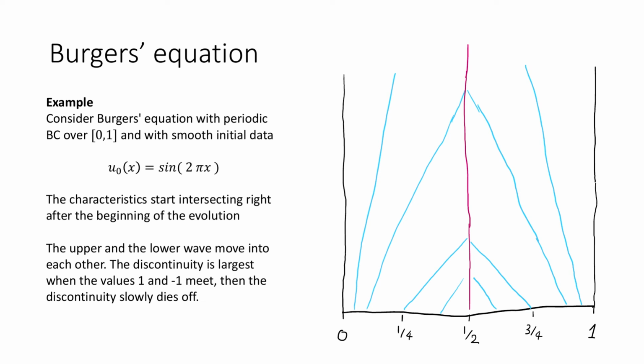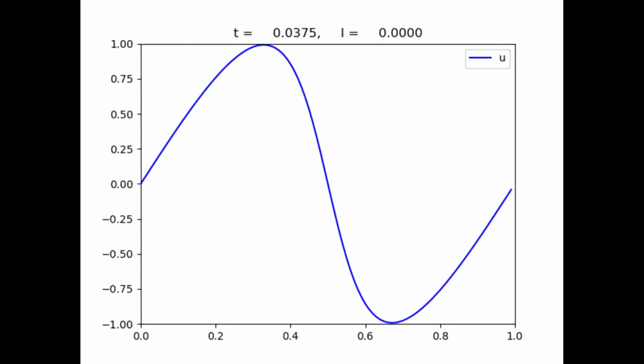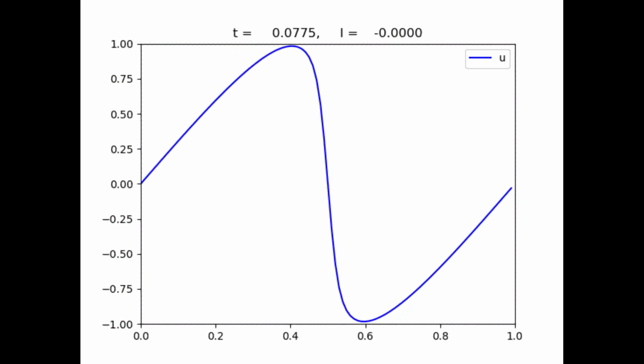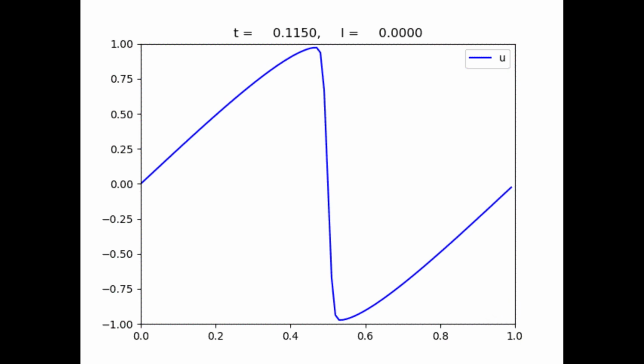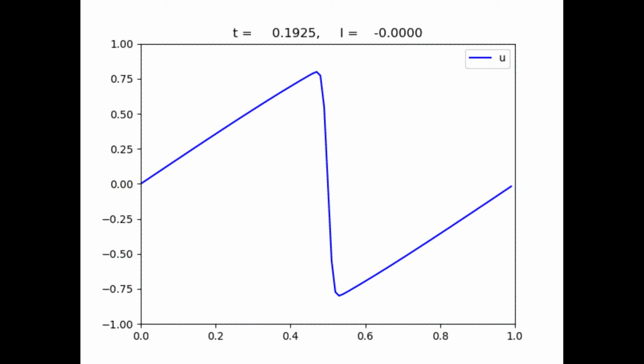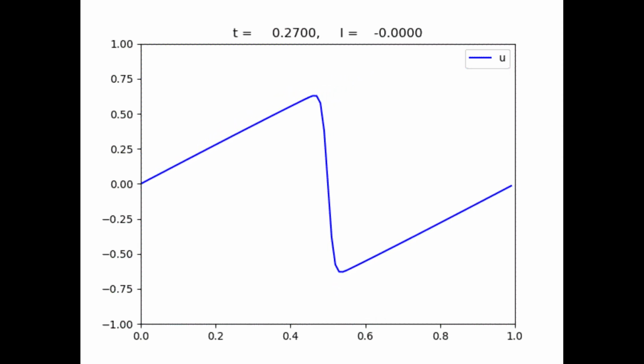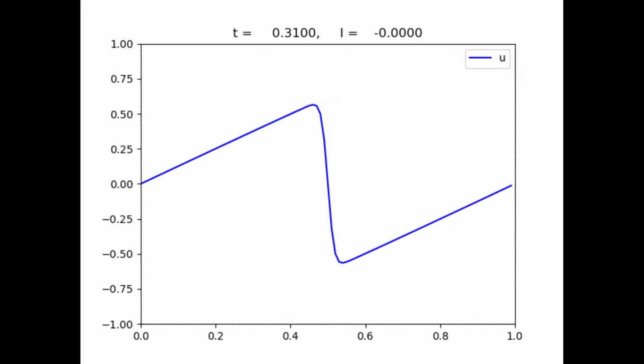To make this discussion a bit more vivid, let's have a look at a numerical simulation. As we let this example for Burger's equation evolve, we have two waves crashing into each other. The positive one is moving to the right, and the negative one is moving to the left, just like the characteristics predict.